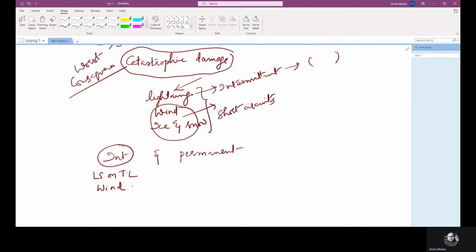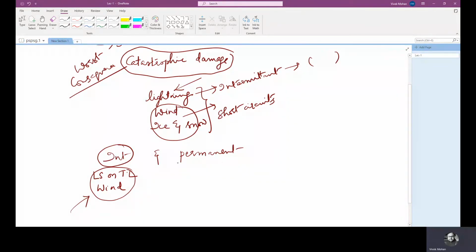The duration of removal of power from the line should be long enough to allow the ionized air to dissipate, and then the power is reapplied to the line. So this is basically an intermittent fault and how it is dealt with.